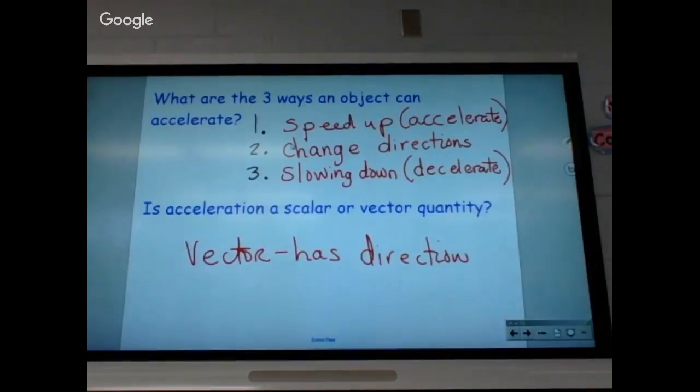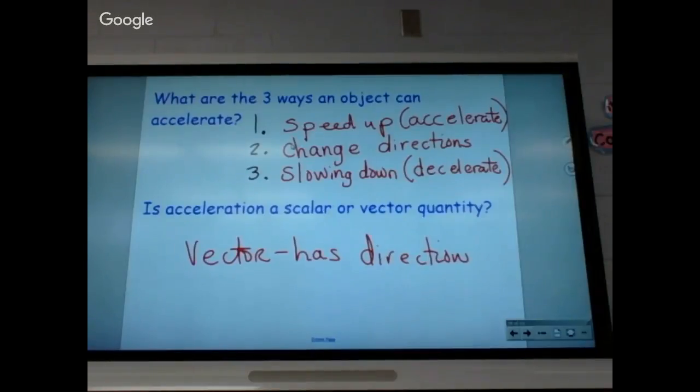Up, across, down, across, up, across, down, across. You are accelerating. What about a roller coaster? That one's going to change its speed up, down, and direction also. So you'll accelerate the whole time you're on a roller coaster. But on a Ferris wheel, you're going to get a constant speed. So at constant speed, you can also accelerate if you change your direction.